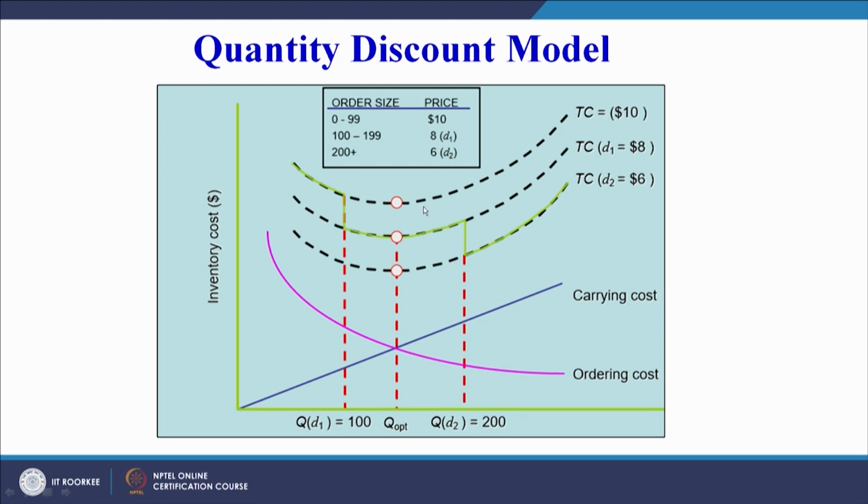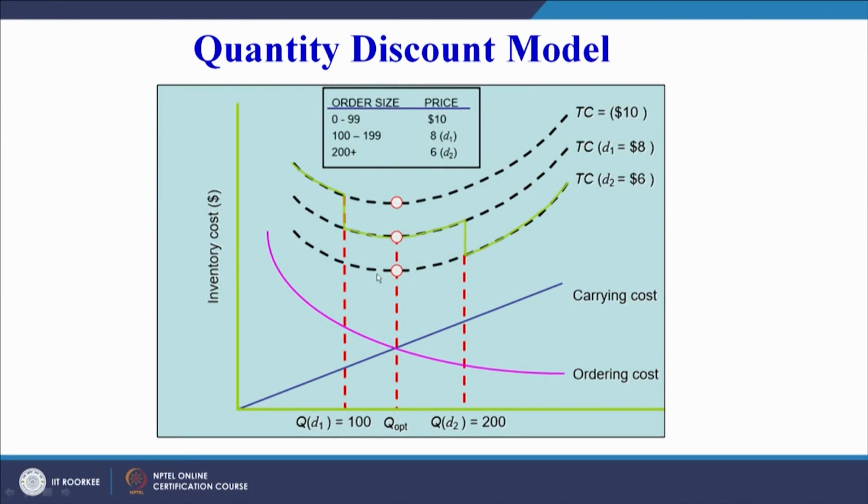So you see, if you increase the number of parts you are ordering, your price comes down. So 200 and more parts you order, your price is $6 only. But if you order less than 100, your price is $10. So we can take advantage of this quantity discount, and this bottom part of the graph is almost the same.